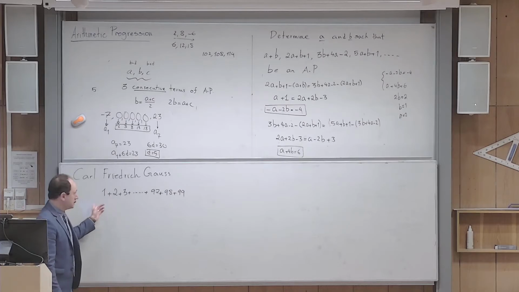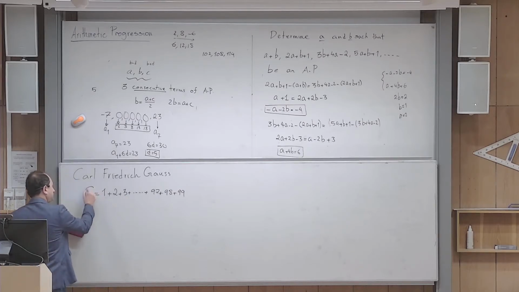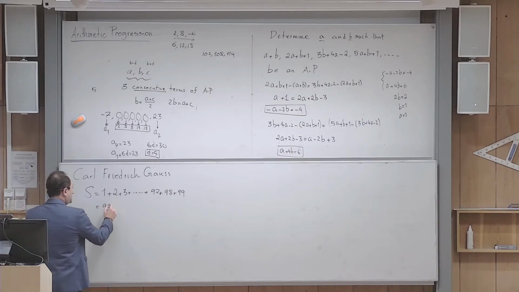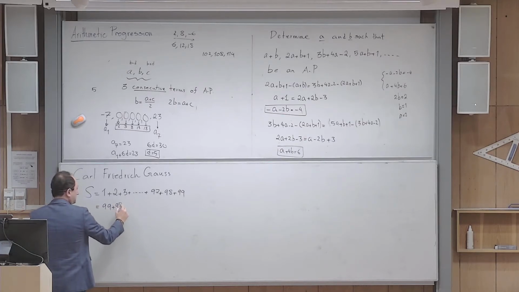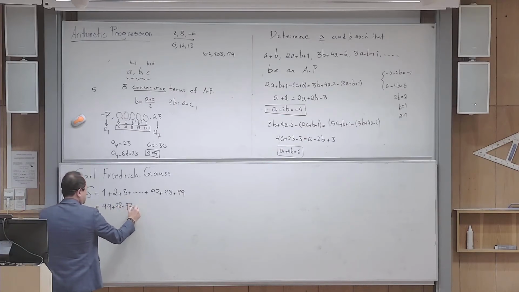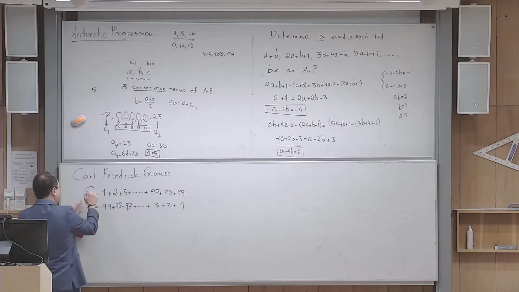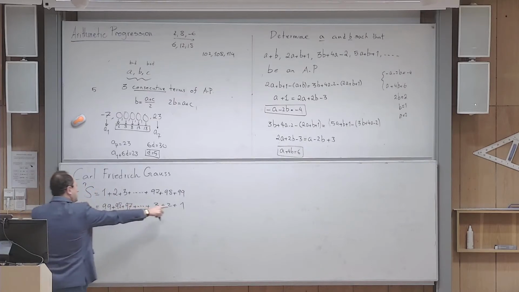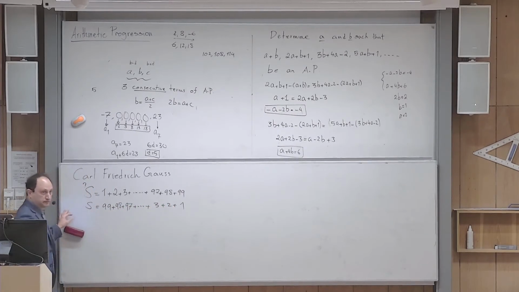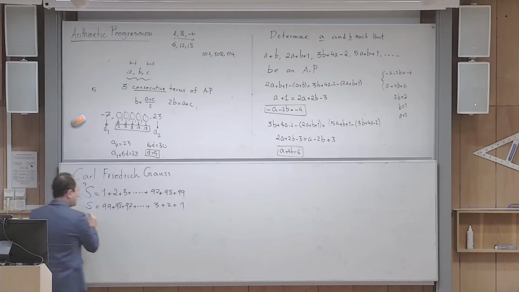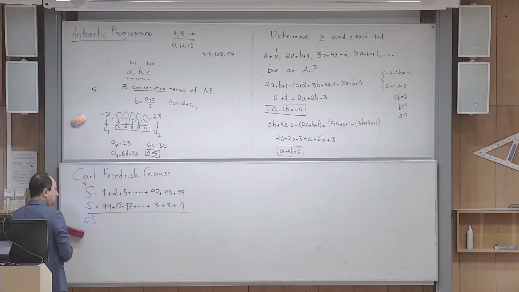If this is going to be S, for sum, and I add the numbers from 99 down to 1, that would be the same number. So this sum is also S.